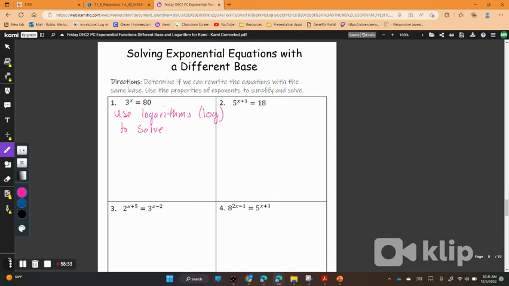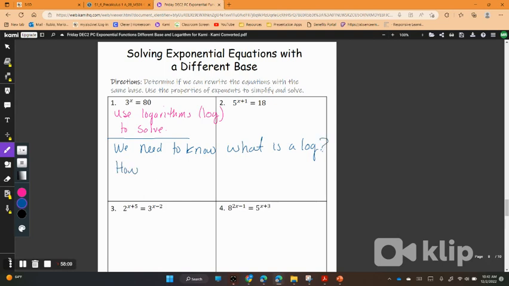In order to utilize the log to solve these for different bases, before we can solve it, we need to know what a logarithm is.